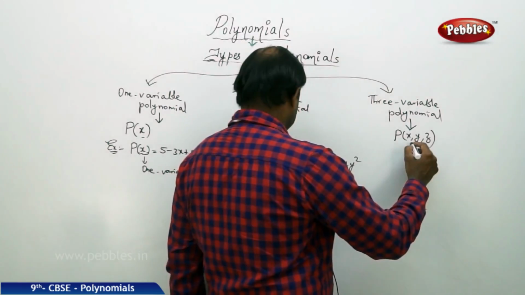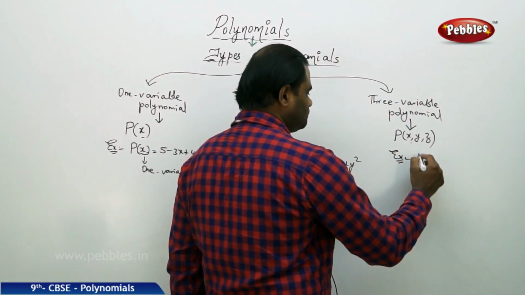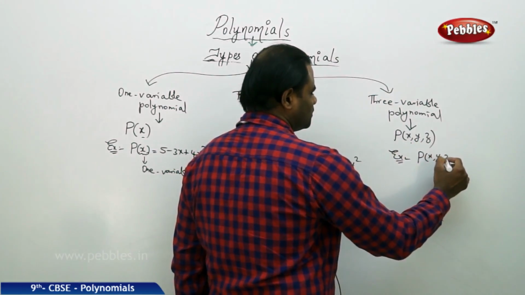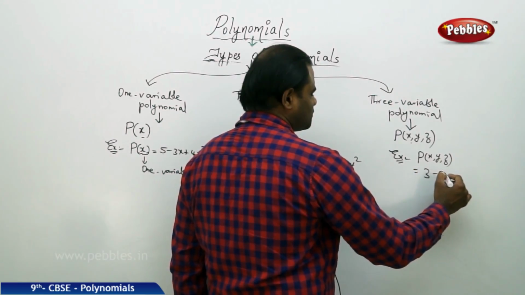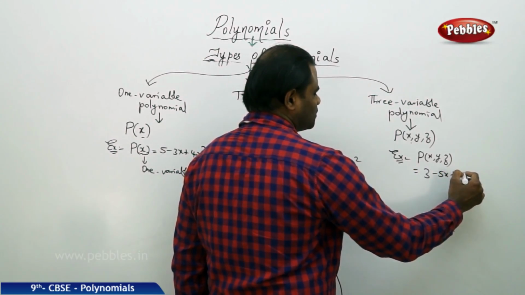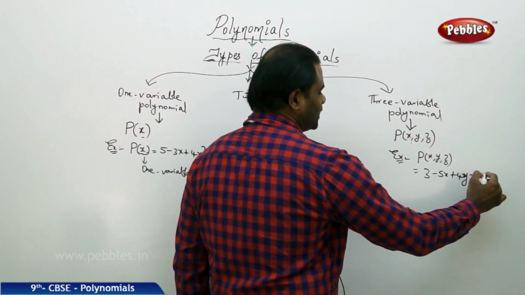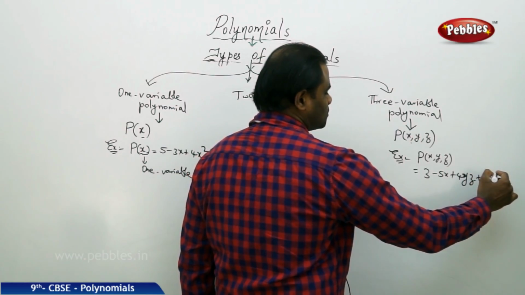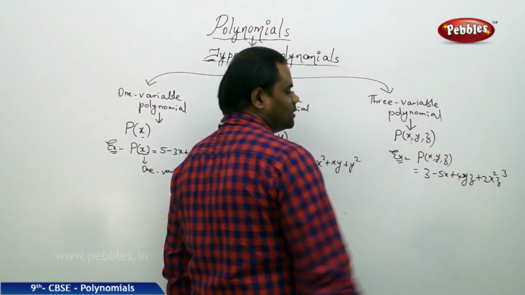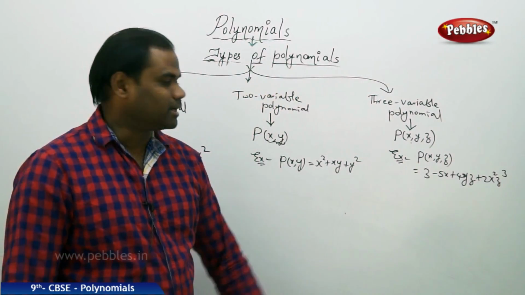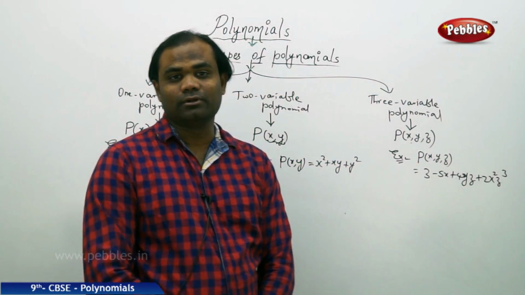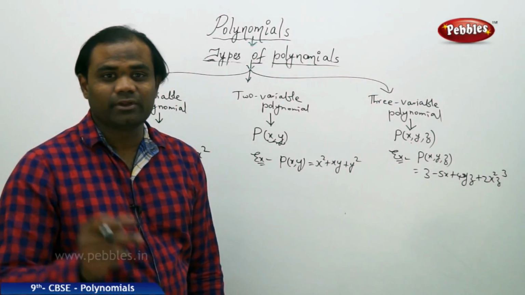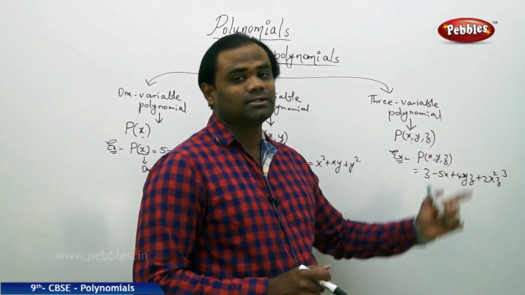And for example, if I take a polynomial to be 3 minus 5x plus 4yz plus 2x square z cube, then I say this is an example of a 3-variable polynomial because it has 3 variables x, y and z.